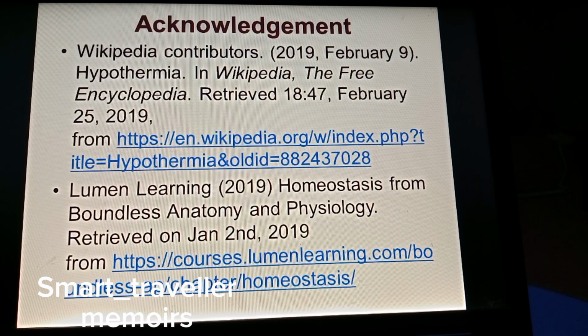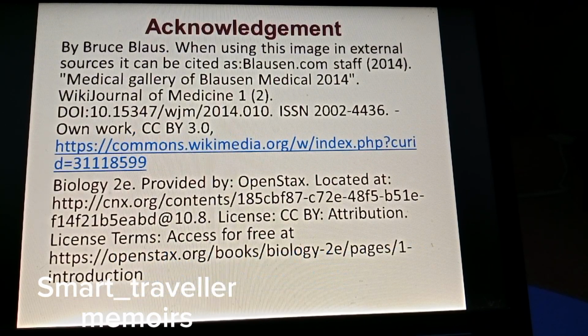Lumen Learning, 2019, Homeostasis, from Boundless Anatomy and Physiology, retrieved on January 2nd, 2019. And Bruce Blausen.